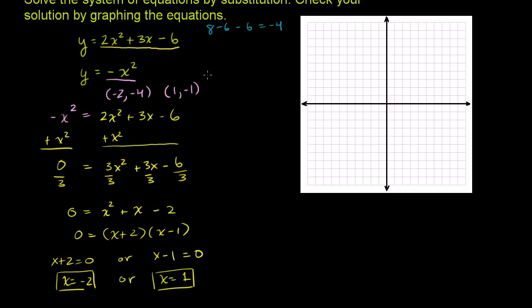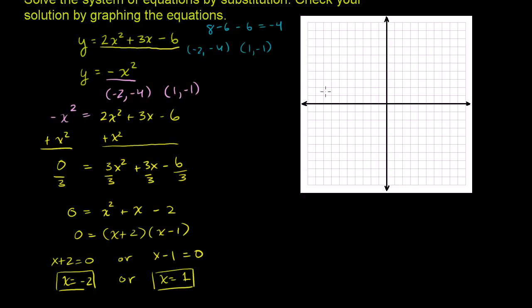So the point negative 2, negative 4 is on this function. So they both share that point in common, so they intersect there. And then if I put 1 into this, I get 2 plus 3 minus 6. 2 plus 3 is 5, minus 6, when x is 1, is negative 1. So the point 1, negative 1 is also on this top graph.